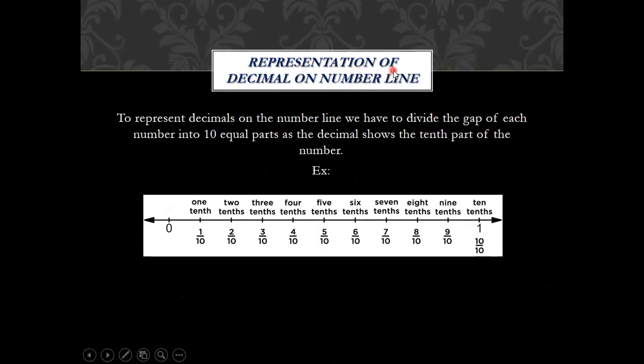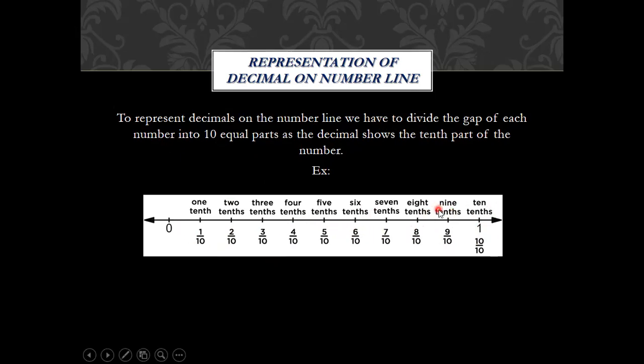Next, representation of decimals on the number line. Now we have seen how to write in the place value table, and now how to write on the number line. To represent decimals on the number line, we have to divide the gap between each pair of numbers into 10 equal parts, as the decimal shows the tenth part of the number. In the number line, from 0 to 1, in between there will be 10 parts.